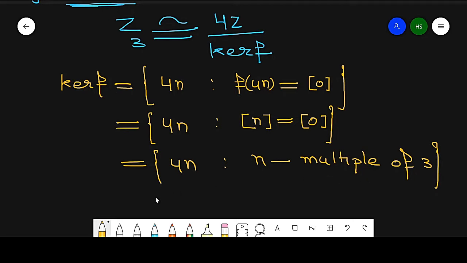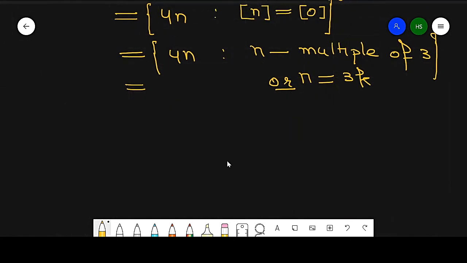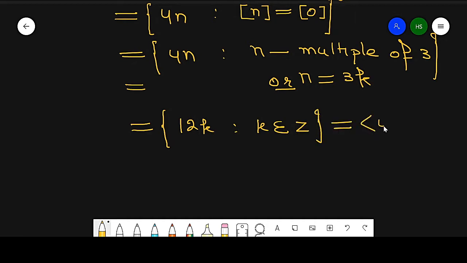If it is a multiple of 3, then n can be written as 3k. So 4n becomes 12k such that k belongs to the integers. So this value is generated by 12, it may be written as 12Z.